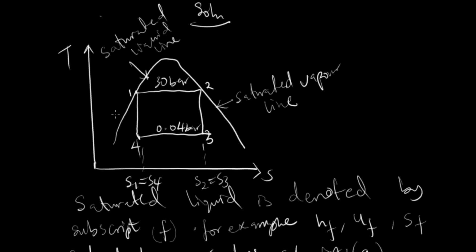If it's outside here, it's still a liquid. When it's outside on the other side, it's superheated, in a vapor state. In between here is partially a vapor and partially a liquid. So it's still wet, it's not totally dry. It will be totally dry when it's here. So this is the wet region.